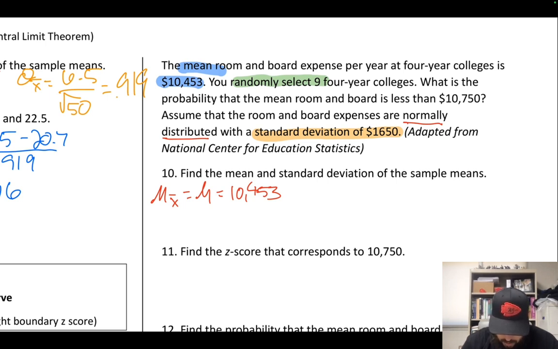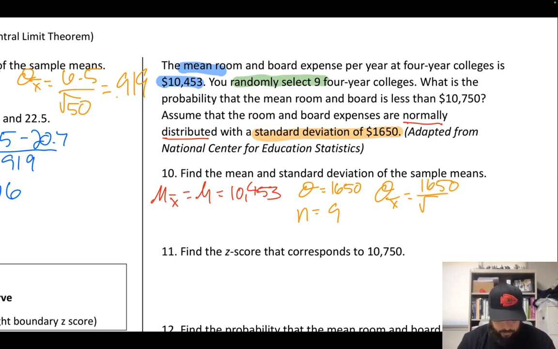Our standard deviation is 1650. Our n is 9. So the standard deviation of our sample means is 1650 divided by the square root of 9, which gives us a value of 550.